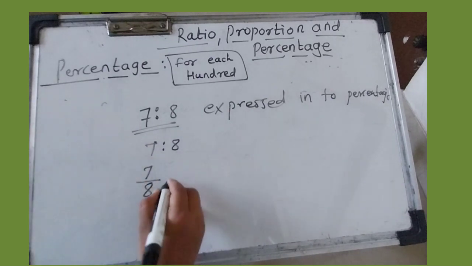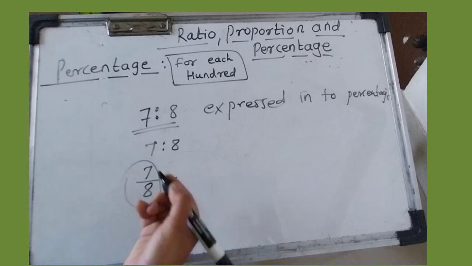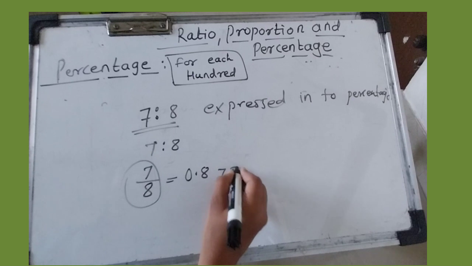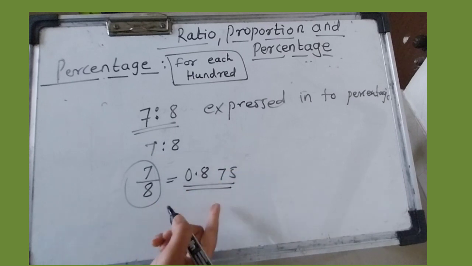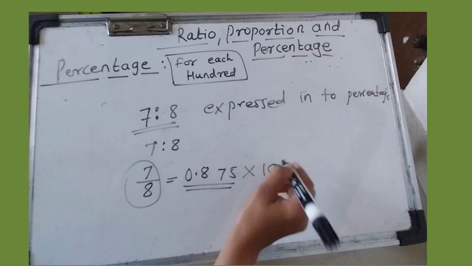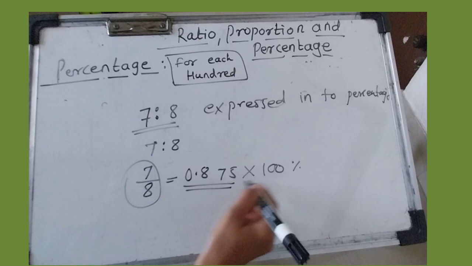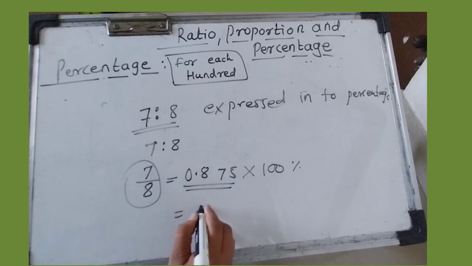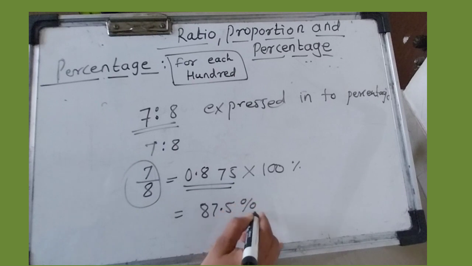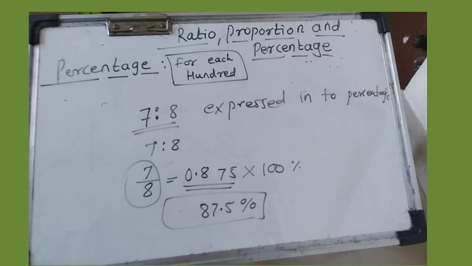I convert it into a decimal. Just put it into the calculator and convert it. So it is 0.875. This is my decimal number. Now apply rule first. What is rule first? Multiply by 100 and put the percentage sign. So if I multiply it by 100, what we get? 87.5 percent. Clear? So the answer is 87.5.